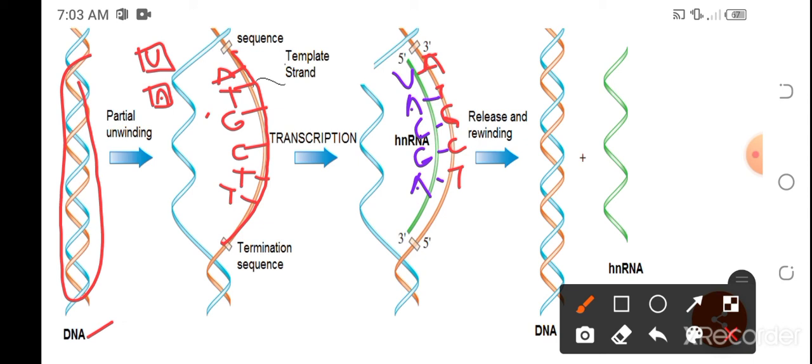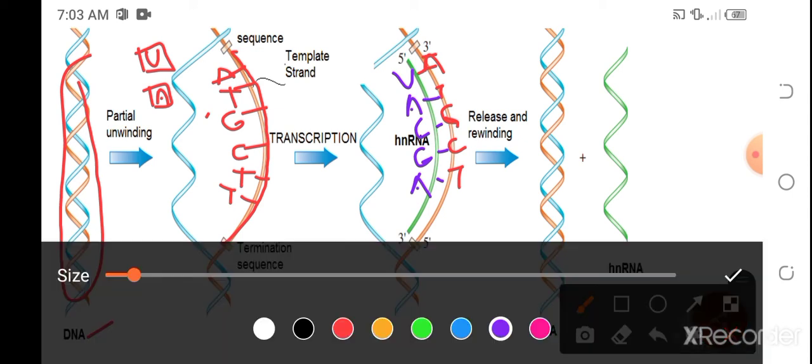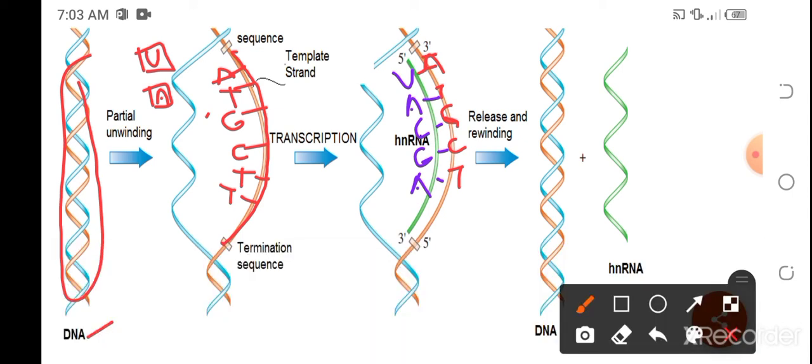So, laging tatandaan, wala nang T, wala nang thymine dito sa transcription because we are producing RNA. Okay, so after this base pairing, these new nucleotides will be bonded together so that an RNA will be produced.